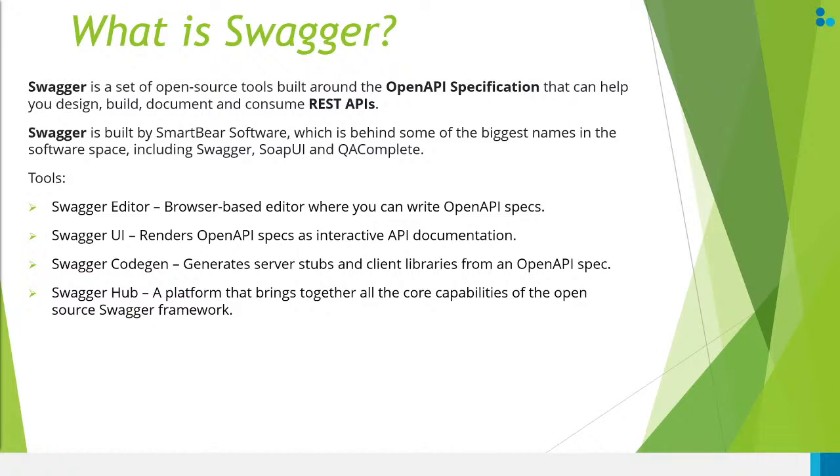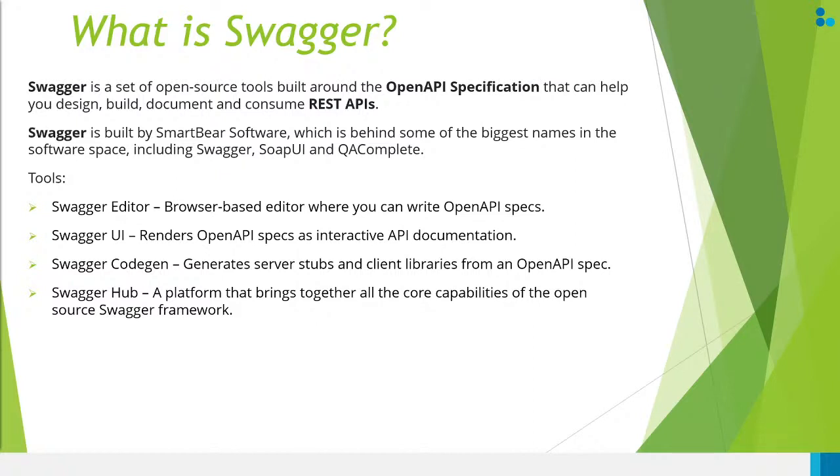And the most powerful one, SwaggerHub, a platform that contains all the information I just mentioned: the Swagger Editor, the Swagger UI, the Swagger Codegen, and you can put a collection of all your APIs and all your models inside SwaggerHub. So it's a really cool, powerful tool.